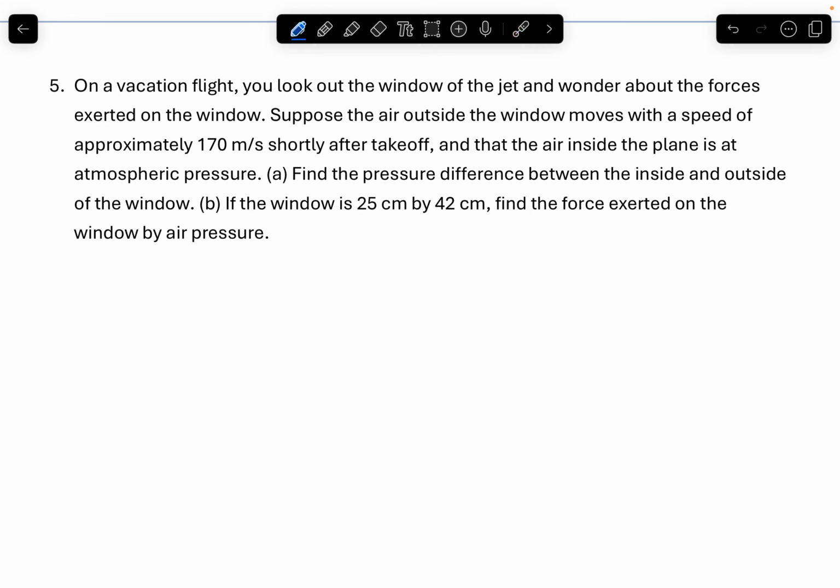So let me draw this situation real quick. This is, let's say, the plane window. We know that the inside pressure is P in, outside pressure is P out, and this is equal to P of the atmosphere.